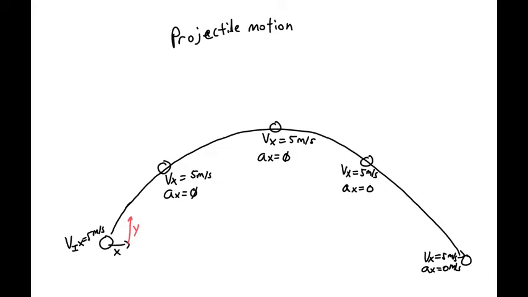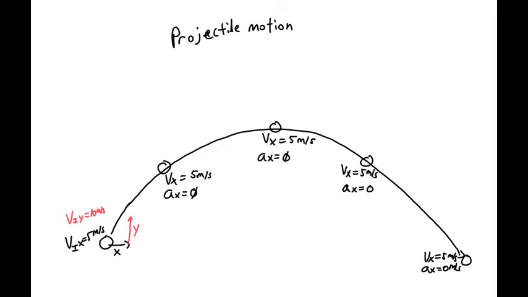Let's look at the y direction. Again, I'm just making up a number here, but velocity in the y direction, we'll just say 10 meters per second. Eventually you'll be able to calculate that number, but right now, just for argument's sake, I made up 10 meters per second.